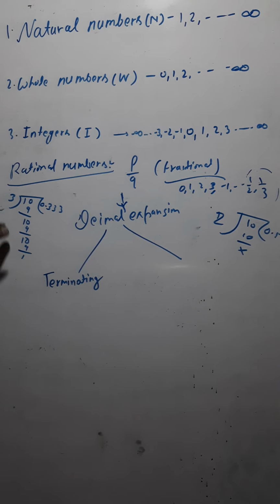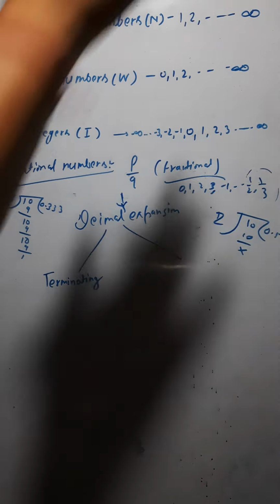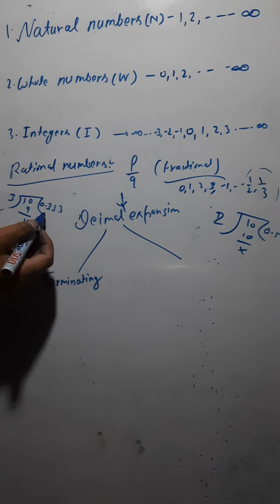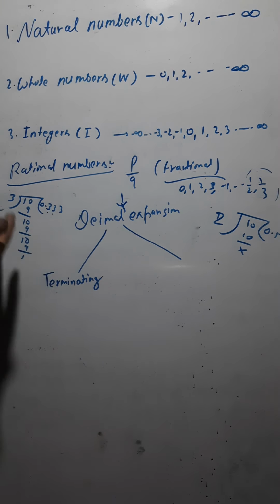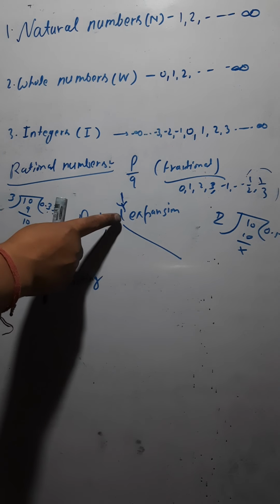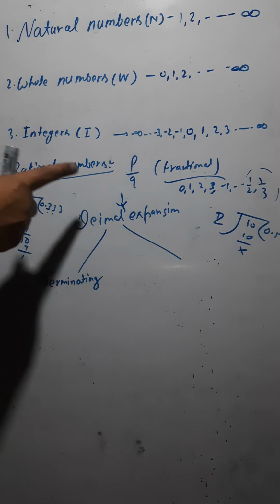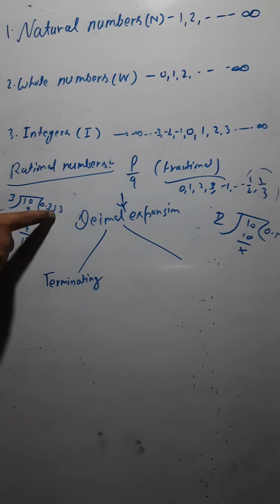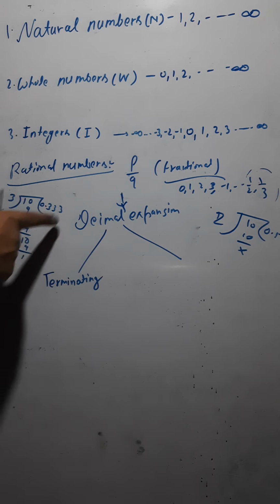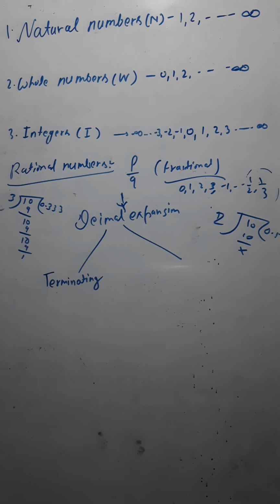So where you are always getting the remainder, you can see 3, 3, 3, it is repeating. Okay, so what does it mean? The decimal expansion of a rational number can be non-terminating but repeating. This 3 is going to repeat again and again.